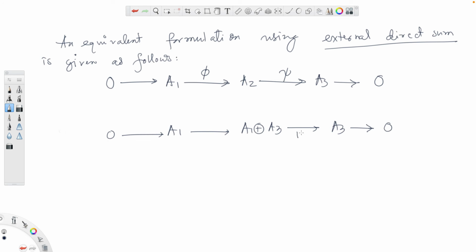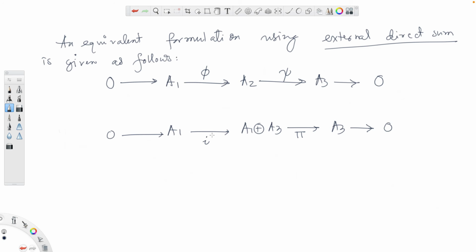Here pi is the canonical projection onto the second factor, and the inclusion maps A1 into A1 direct sum A3.